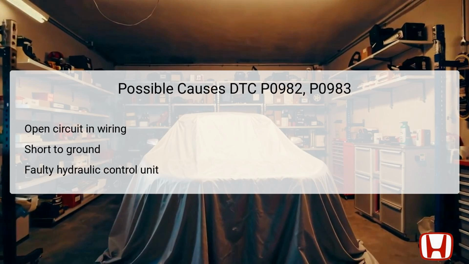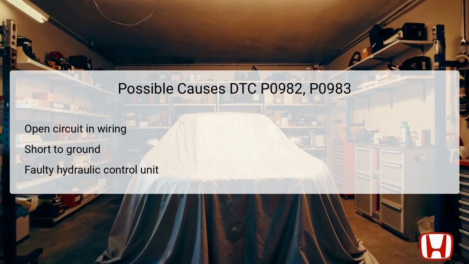When diagnosing DTCs P0982 and P0983, several potential causes must be considered. Firstly, an open circuit in the wiring related to the Shift Solenoid Valve D may exist, resulting in the low or high input signal to the TCM, leading to improper transmission behavior.